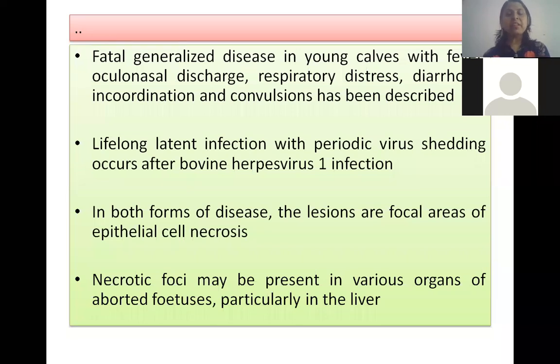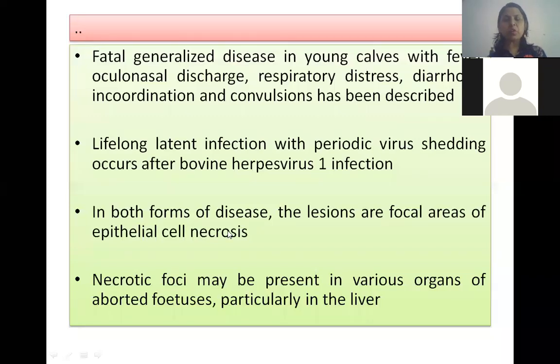In general, the generalized disease of young calves is characterized by fever, oculonasal discharge, respiratory distress, diarrhea, incoordination, and convulsion. As I told, the herpes virus infection is characterized by latent infection, and this infection also causes lifelong latent infection, and periodic virus shedding occurs in bovine herpes virus 1.